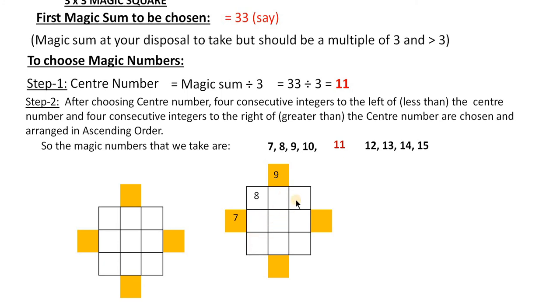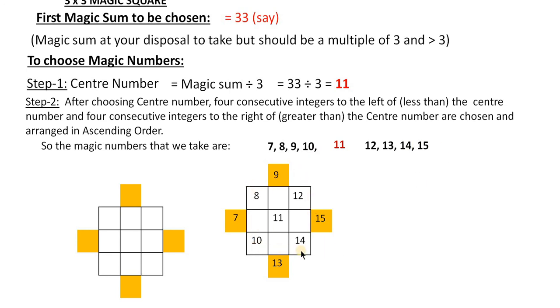This 3 cell diagonal row will be taken. So after 9, we have 10, 11, 12, then these 2 cells will be left. This diagonal row will be taken: 13, 14 and 15. This way I will fill up all the 15 numbers.